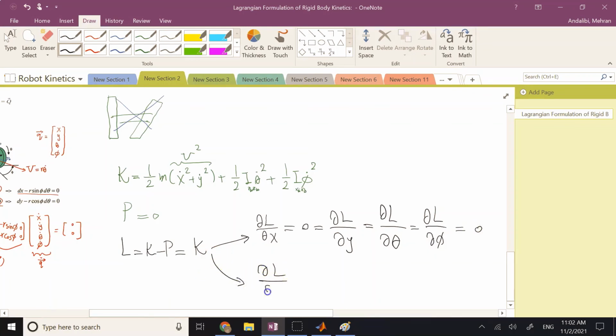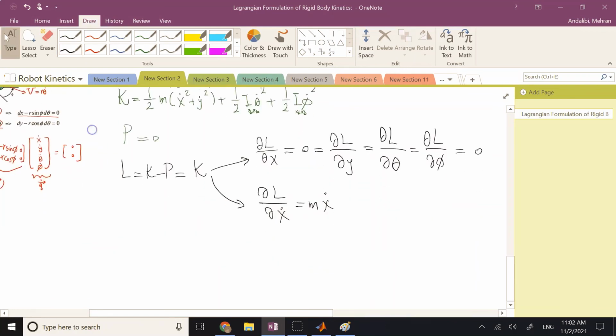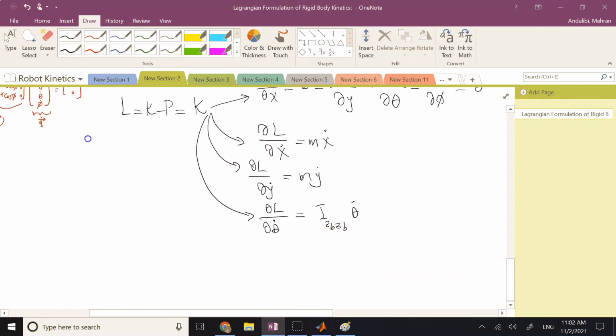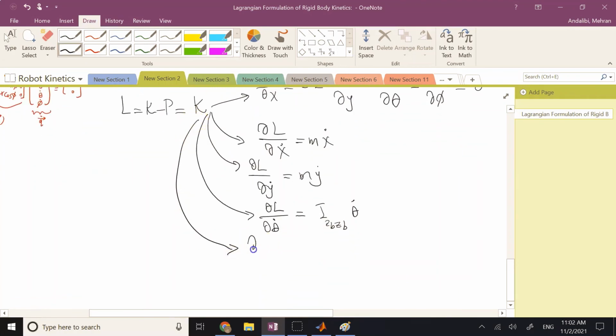Then partial of L with respect to x dot is equal to m x dot. Partial of L with respect to y dot is m y dot. Partial of L with respect to theta dot is I zb times theta dot, and partial with respect to phi dot is I xb times phi dot.